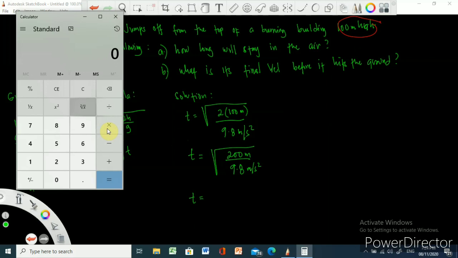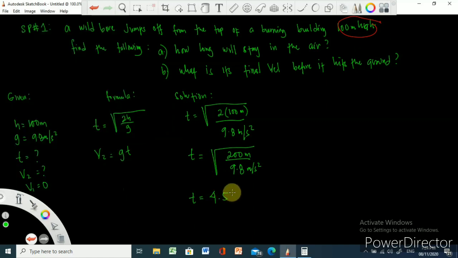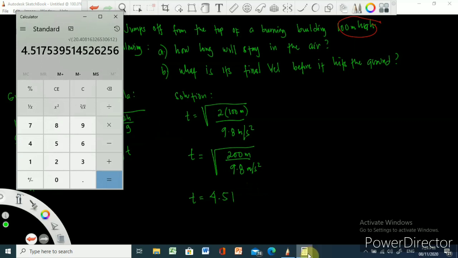Square root of 20, ayun, meron pala 4.51. 4.51 ano ba? 4.52.